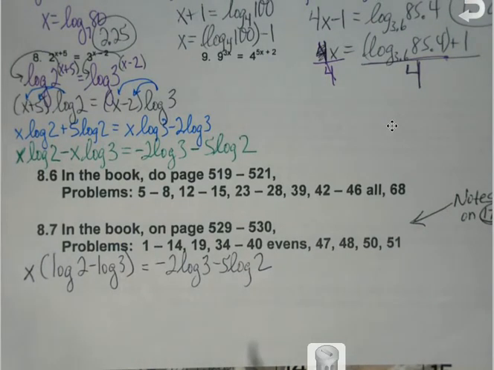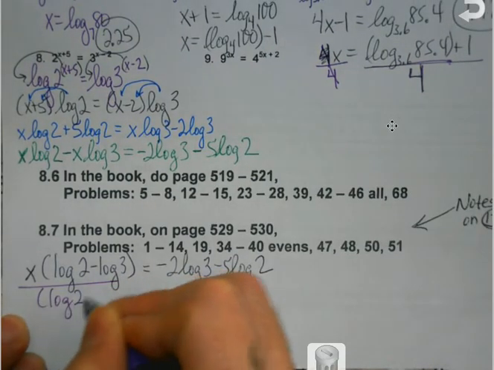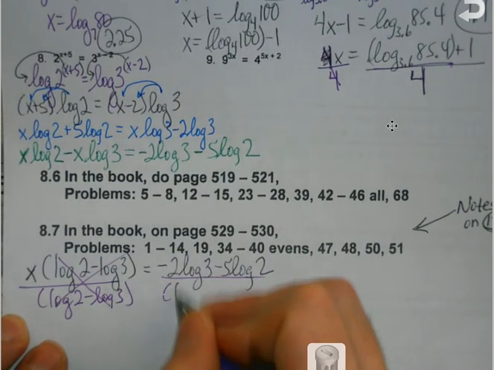So if you're trying to solve for x and you're multiplying it by these logs, divide it by those logs.